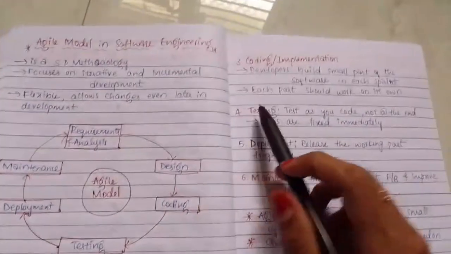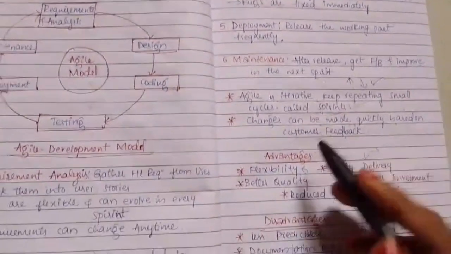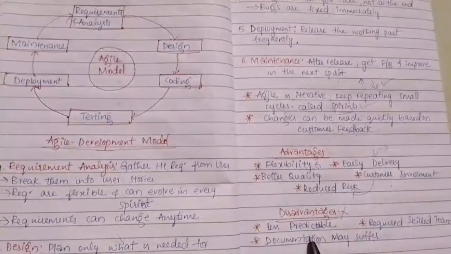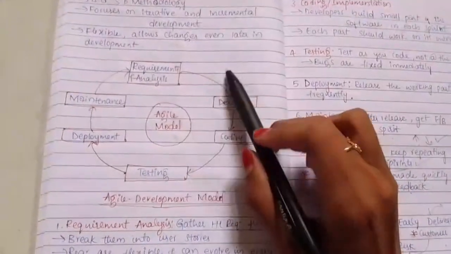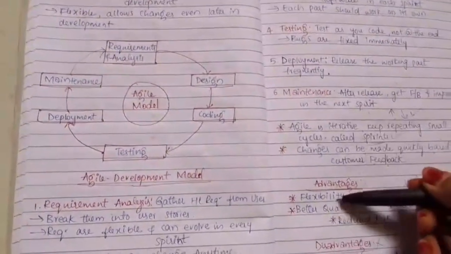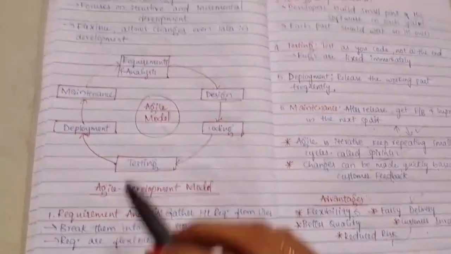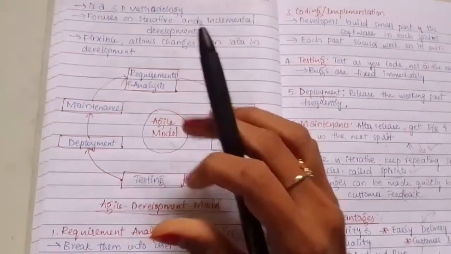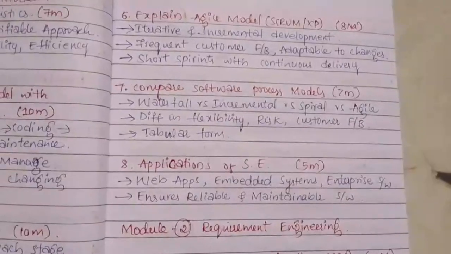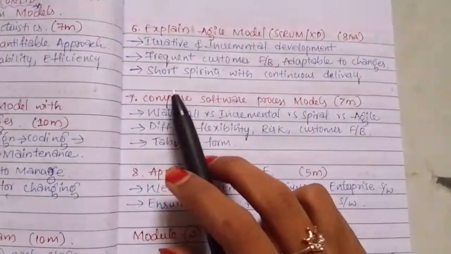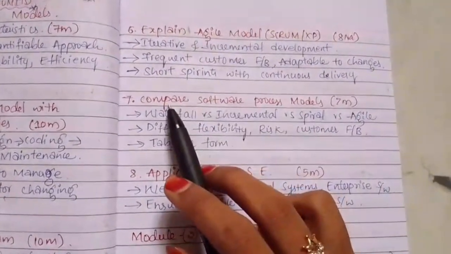Let us show you. These are the 6 phases along with the advantages and disadvantages. If they ask for 10 marks, you have to write the advantages and disadvantages of any model. Got it? Check that video for a detailed explanation.